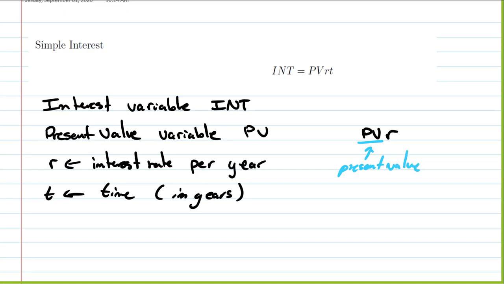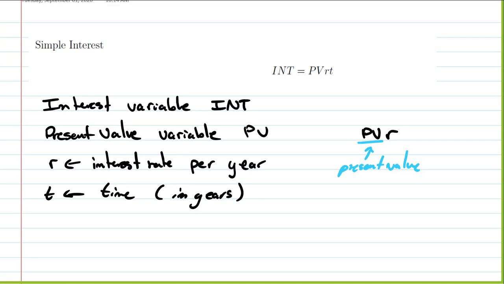In math, that's not the normal convention. If I wrote PVR in a math class, you would think that was P times V times R. So we're going to have to be careful and aware that in all of these finance formulas, we're going to have variables that are represented by more than one letter.